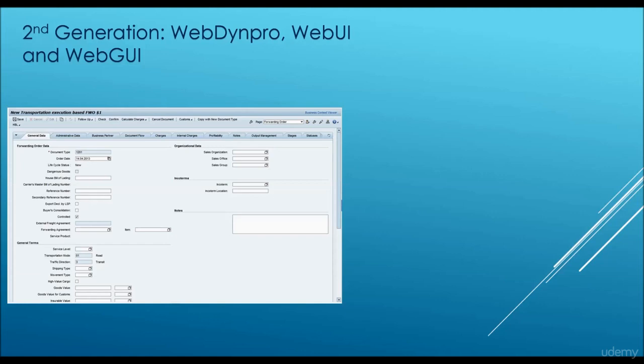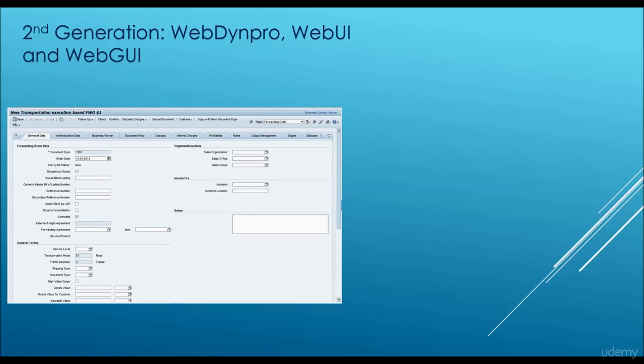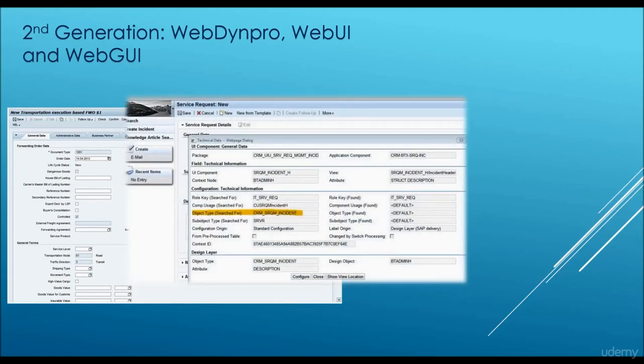Meanwhile, SAP was basically trying various other options. In parallel, SAP released CRM Web UI, which was again a proprietary set of technologies. I'm stressing proprietary because here SAP is reinventing the wheel in terms of how to build the screen, how to render them, how to pass data.